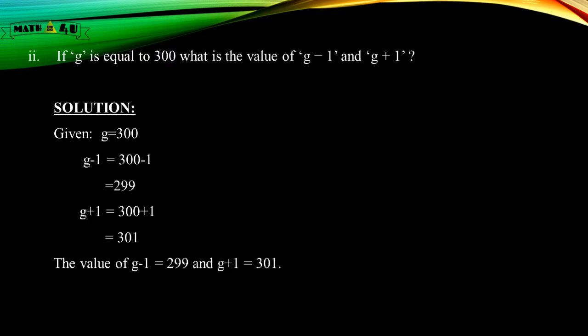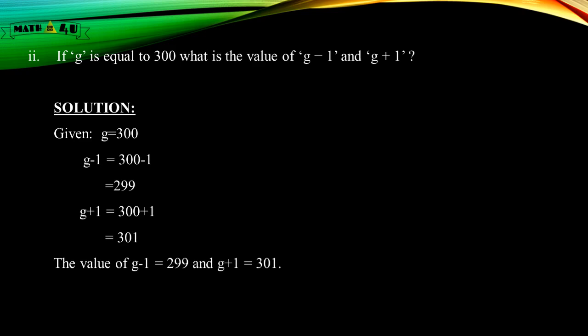If g is equal to 300, what is the value of g minus 1 and g plus 1? Given g is equal to 300. You are asked to find g minus 1. In the place of g, put 300.